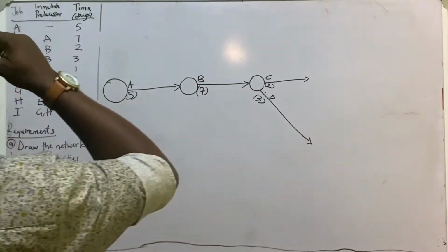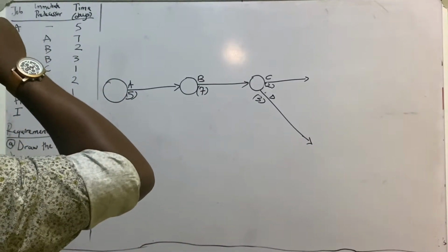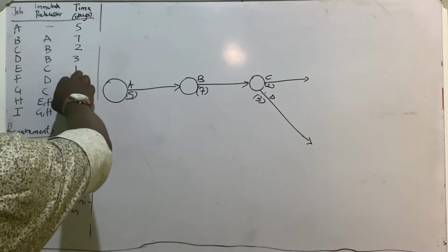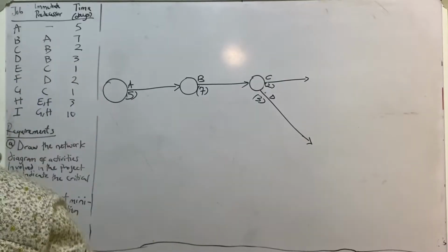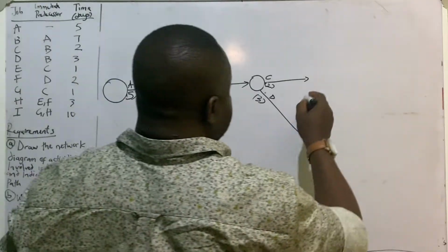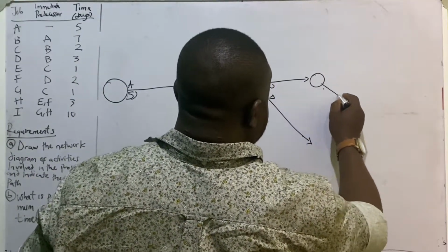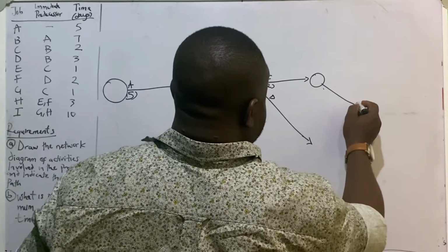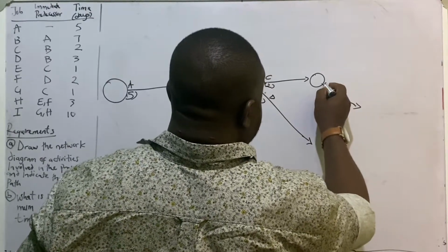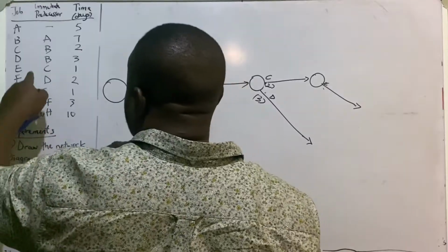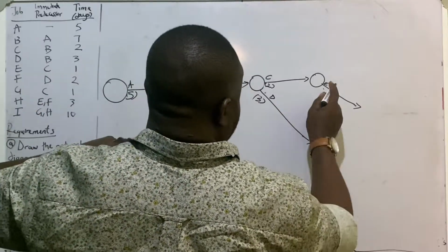Now the next will be activity E, which is coming out after the completion of C. So this is the end of my C. Then activity E, and it will take 1 day for completion.